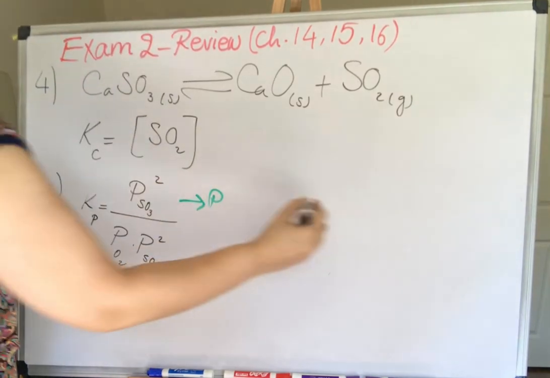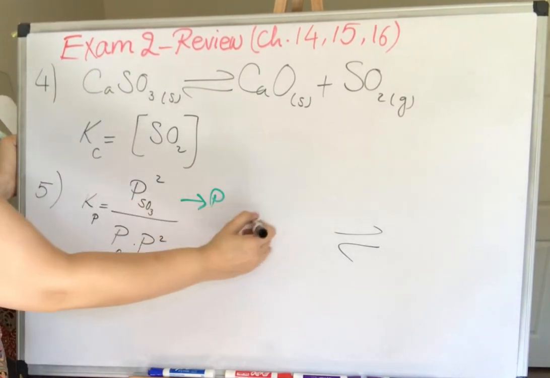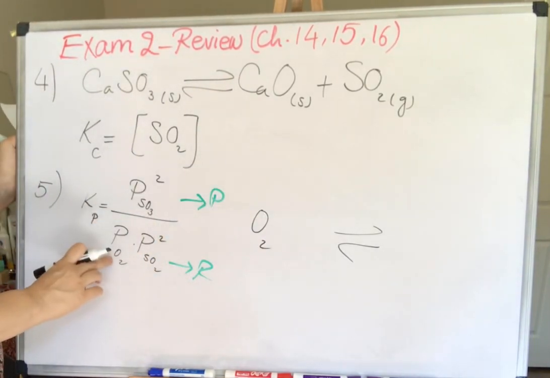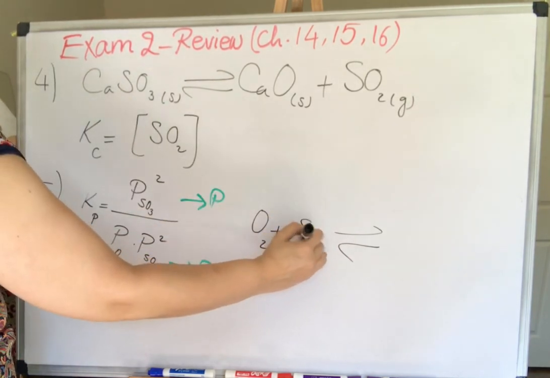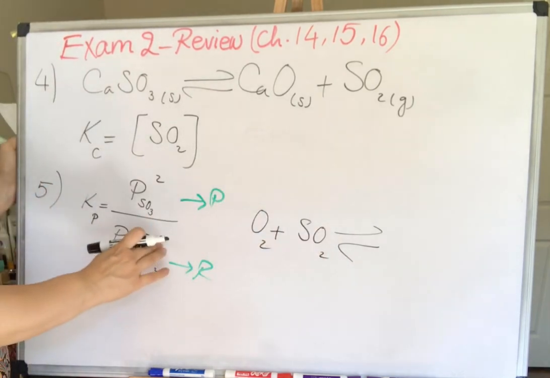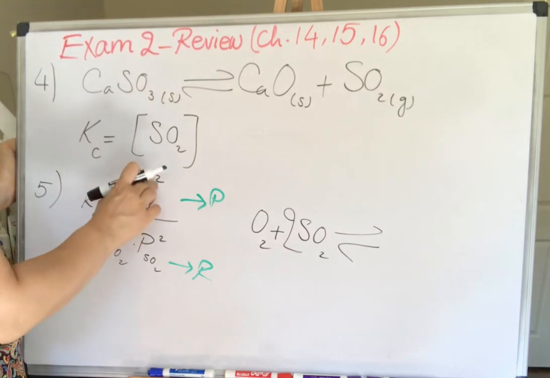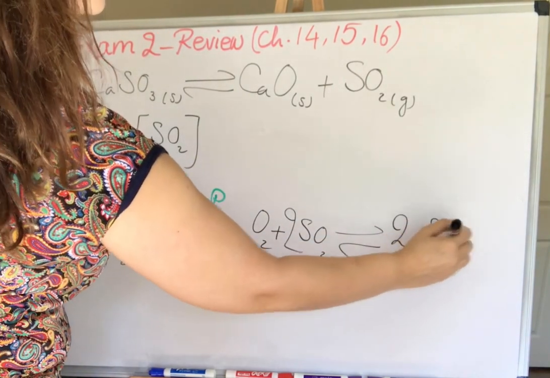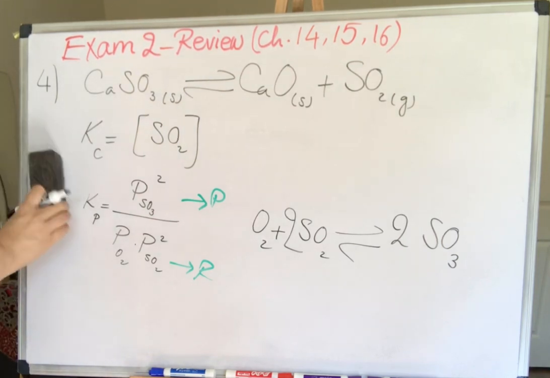So let's build the equilibrium first. What are the reactants? O2. What is the coefficient? 1, because there is no exponent, plus SO2. What is the coefficient? 2, because that's the power. And on the other side we have SO3, and the coefficient is 2 because that's the power. That's how you build it, and the answer is going to be A for this question. Question number 6.